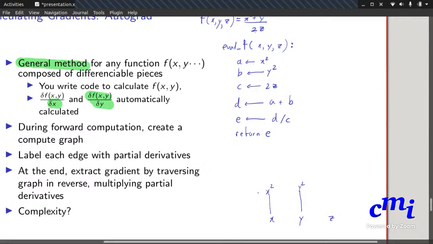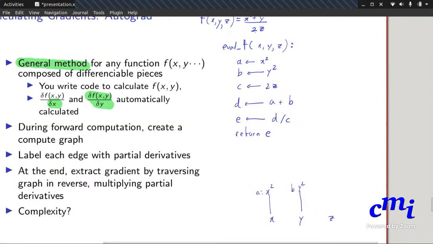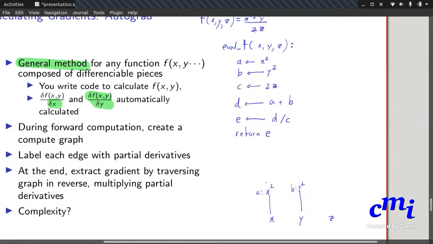So this is a and b, and then we have c, which is 2z, and then a plus b, which is d, and then e, which is d by c.